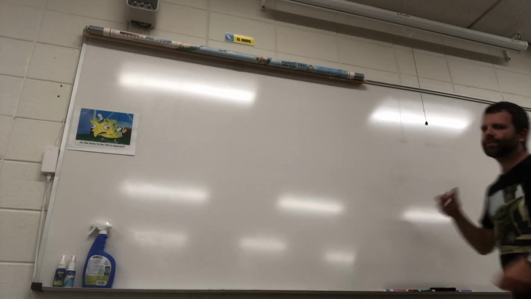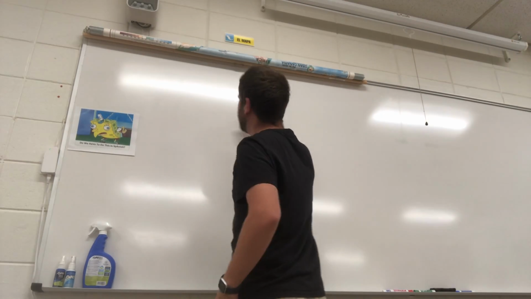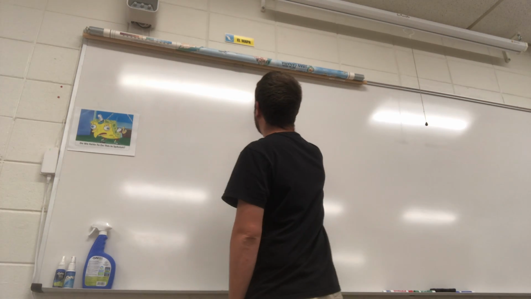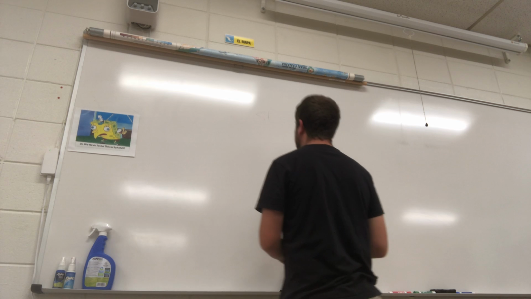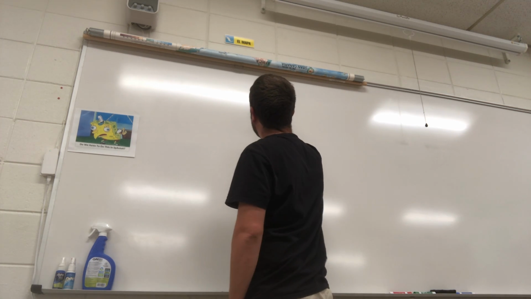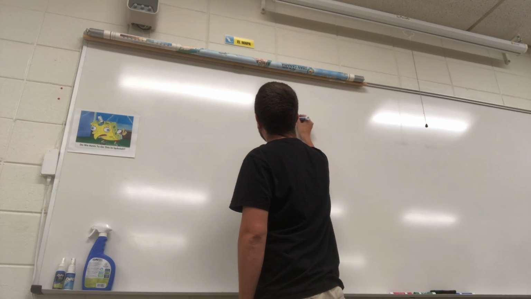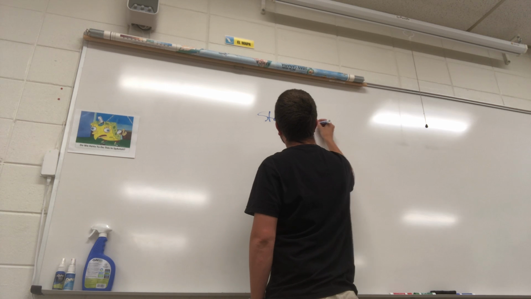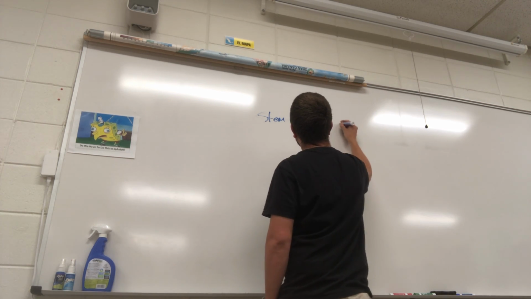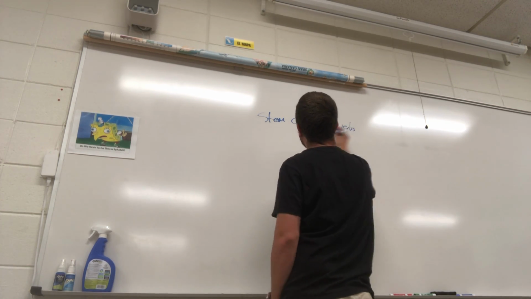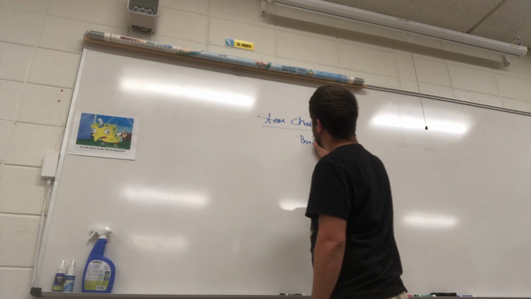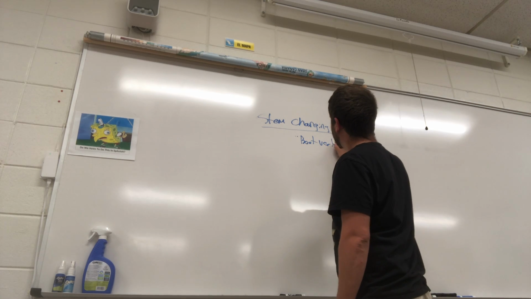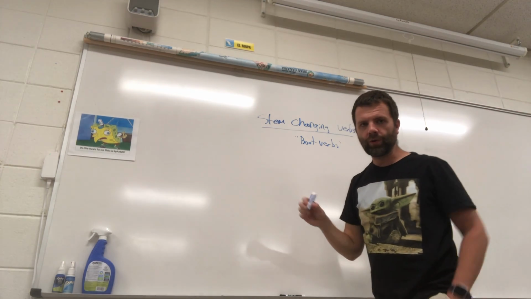So, this week we are talking about something called, well, it's called two different things sometimes. Sometimes we refer to these as stem changing verbs, but they also have a nickname, and that is boot verbs.